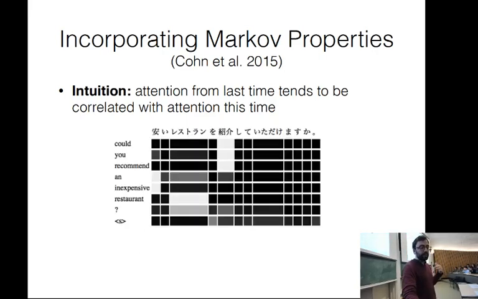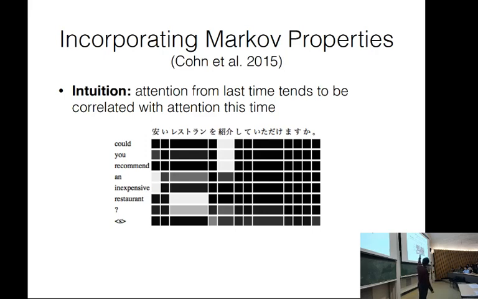So what Cohn and others did, here's an example which, again, the attention weights are not exactly aligned with what you think the correct translation pairs would be, but you can see that even though the attention is jumping back and forth, the idea is that in the different steps, as you generate the output, the alignment or the attention might make sense to be dependent on the previous one.